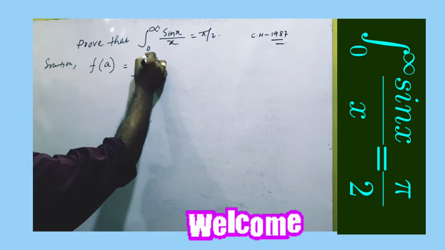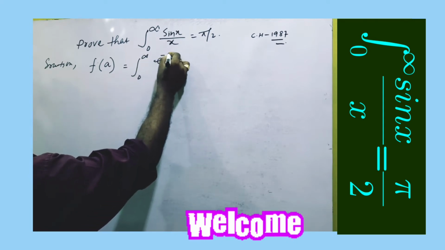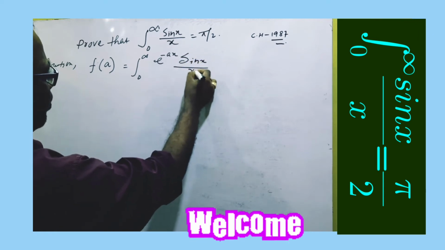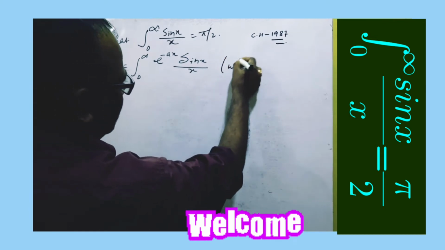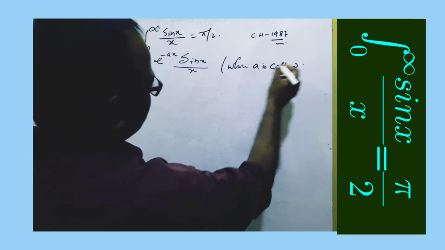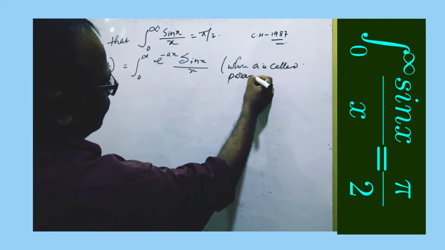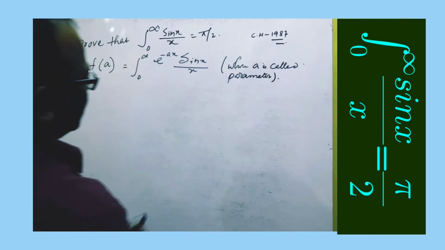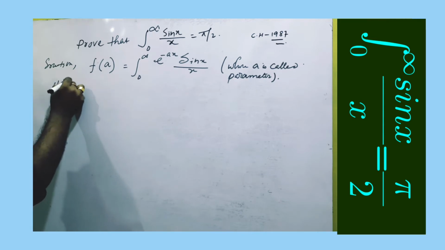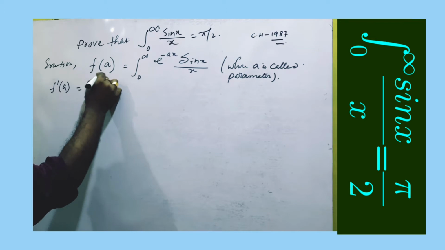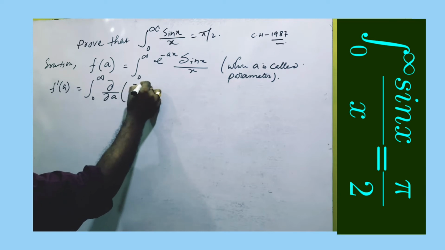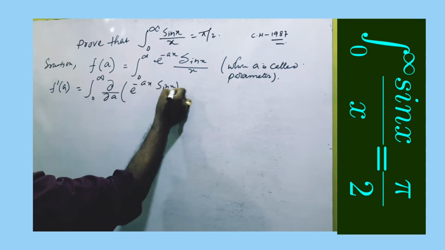Now using 0 to infinity, e to the power minus ax and sin x by x, okay, where a is called the parameter. Okay, now differentiate this with respect to a under the integral.